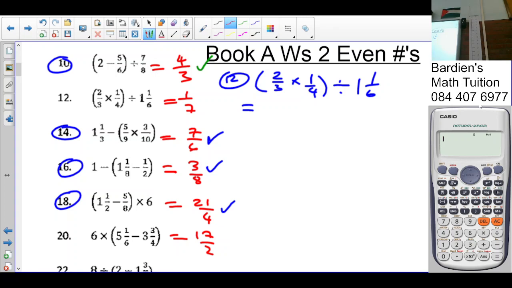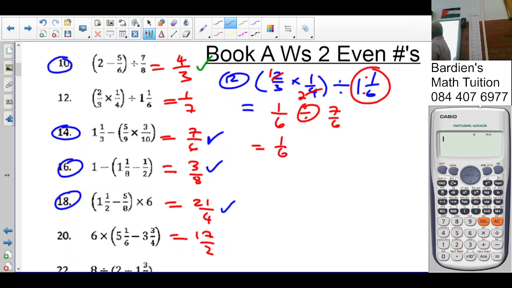So let's do this one quickly. 2 goes into 2 once, 2 goes into 4 twice. So it's 1 times 1 is 1. 1 times 3 is 2 times 3 divided by. Before I can change this to multiplication, I must sort this out. So it's going to be 7 over 6. Change to multiplication. 1 over 6 multiplied by 6 over 7.